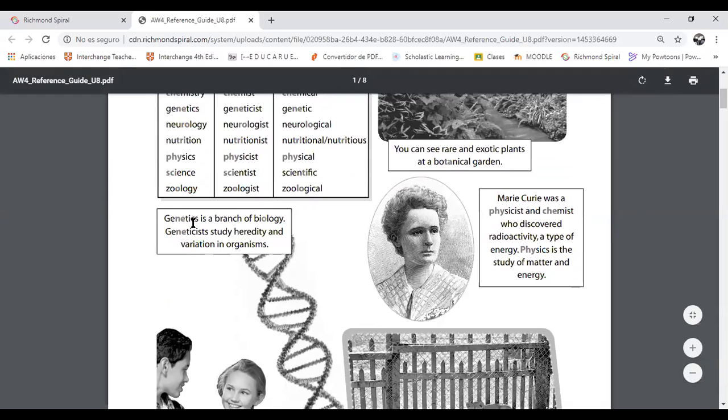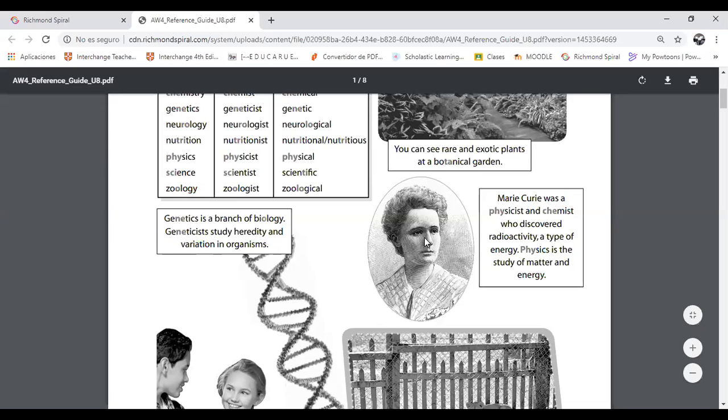Now it says genetics. It's a branch of biology. Genetics studies heredity. Actually, it is heredity and variation in organisms.